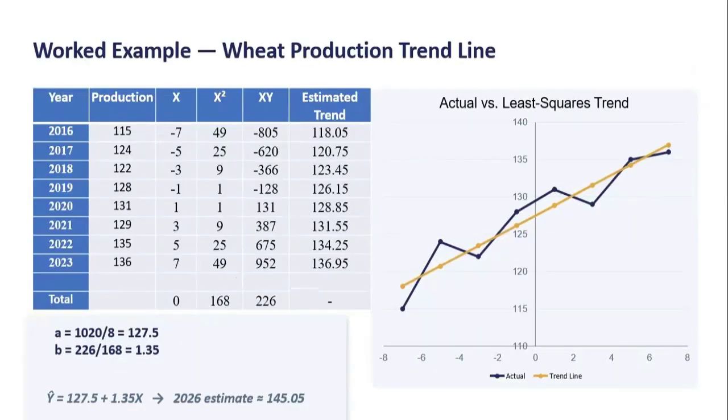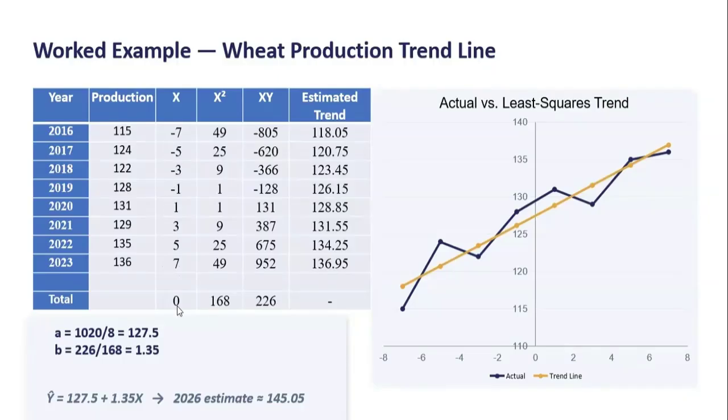Now let's go all the way and fit an actual least squares trend line to this wheat data. We have got 8 years, which is an even number of years. So instead of whole number x values, we code them as -7, -5, -3, -1, 1, 3, 5, 7.